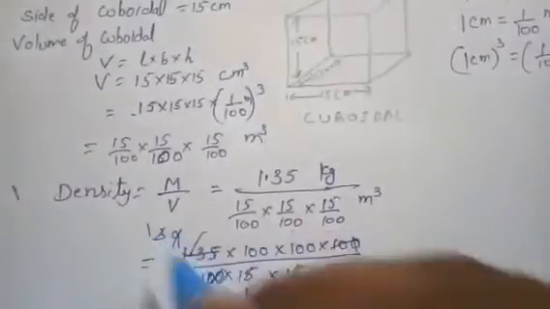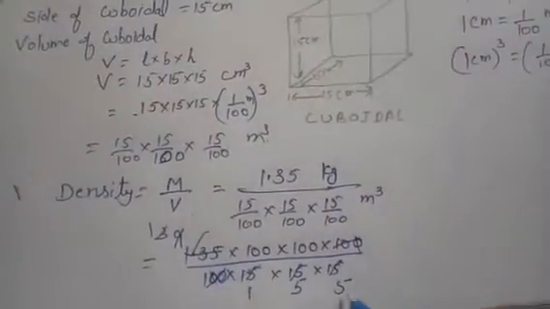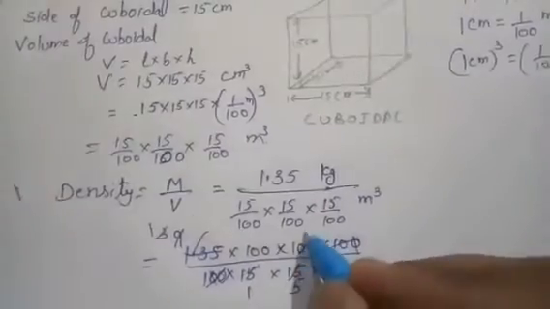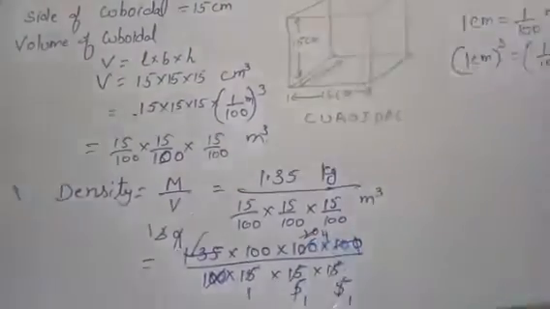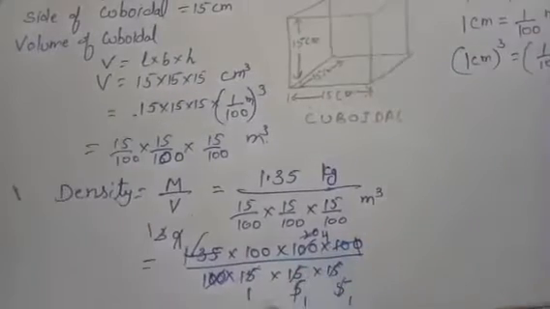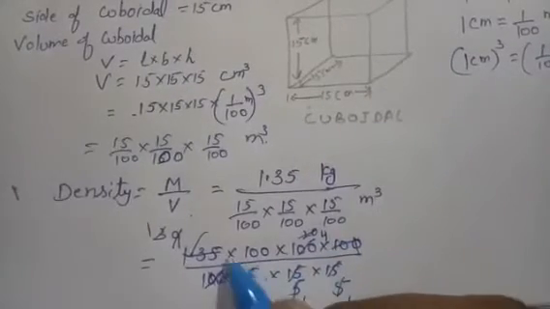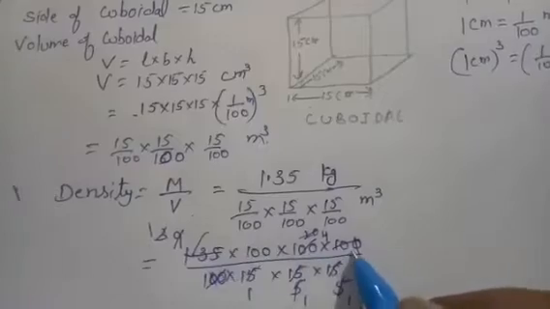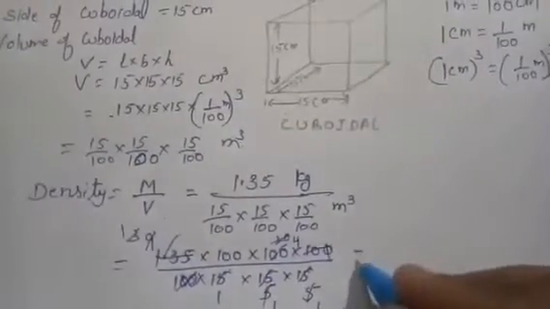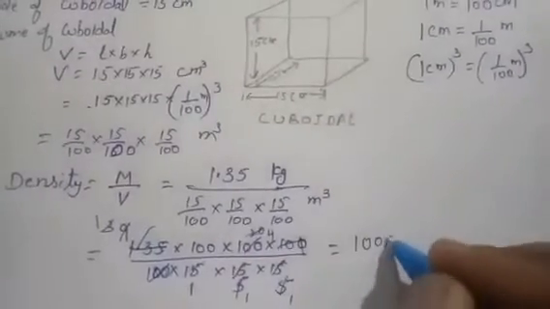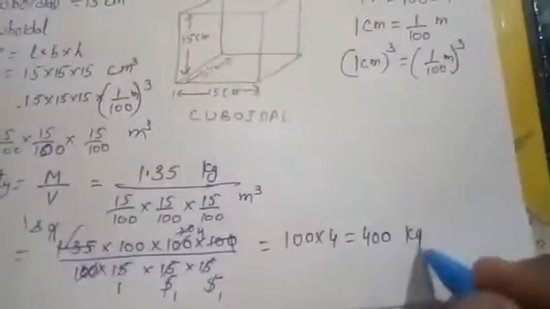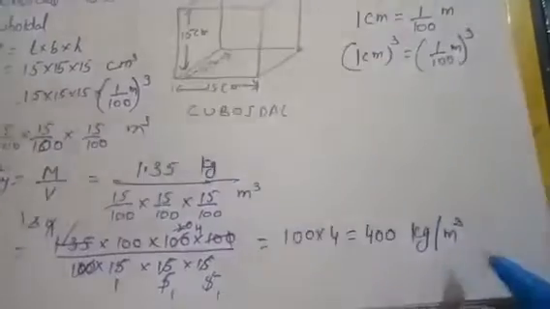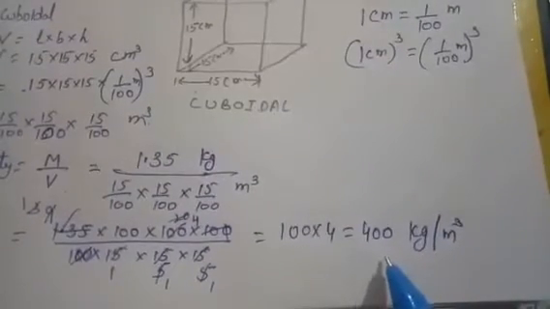So once again, 3 times 1 is 3, 3 times 5 is 15. 5 times 1 is 5, 5 times 20 is 100, again 5 times 4 is 20. So 4 into 100, look at that, all the terms of the denominator are cancelled out. 135 cancels out, 100 cancels out, this 100 cancels out, only we have 100. So 100 multiply 4, it will become 400 kilogram per meter cube. So this is our answer which is required in the statement.